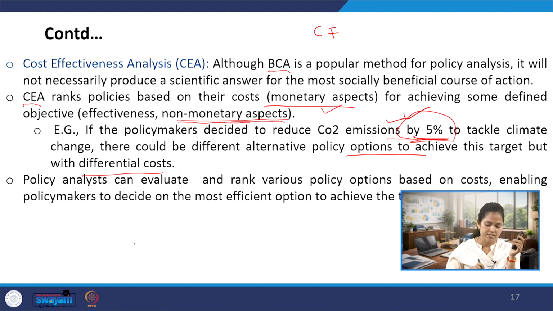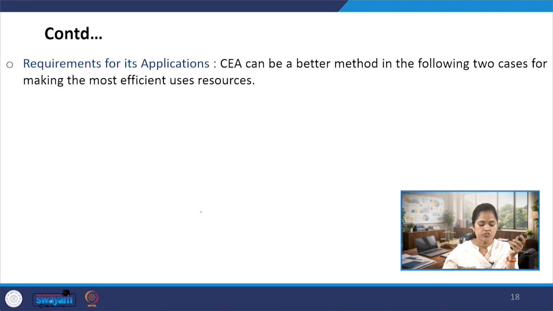So as a policy analyst, you can analyze, evaluate and rank the various alternative options that can reduce CO2 emission by 5%. We can rank various policy options based on their cost, and this exercise enables the policymaker to decide on the most efficient option to achieve the target of a 5% reduction in emissions.